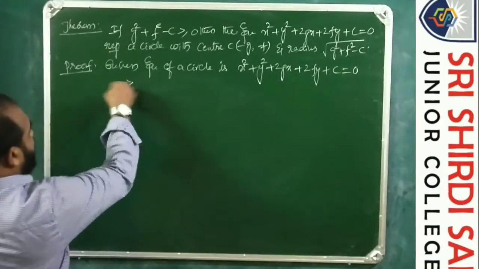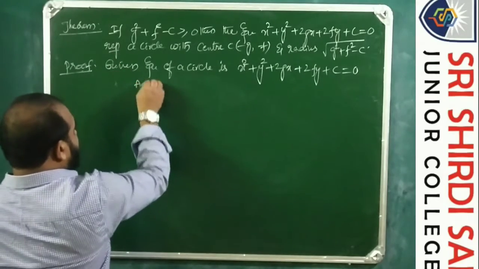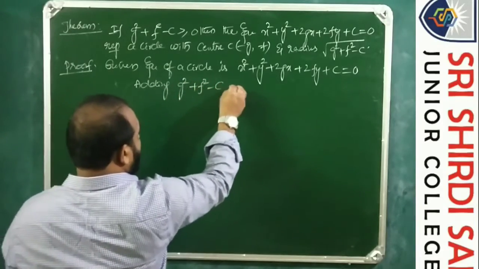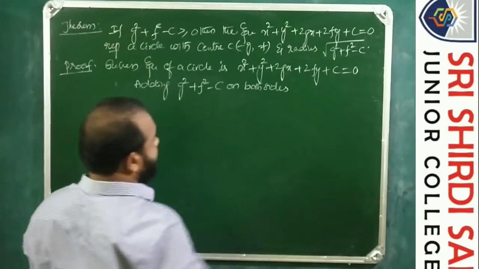Now what I am doing is adding g square plus f square on both sides.